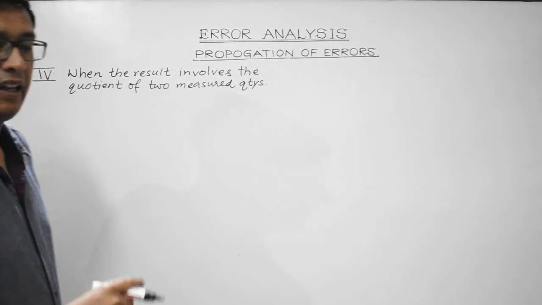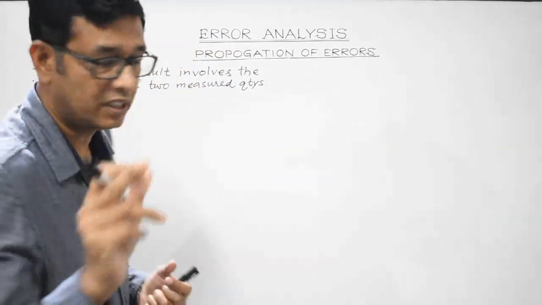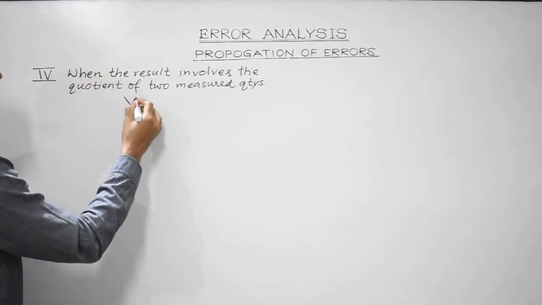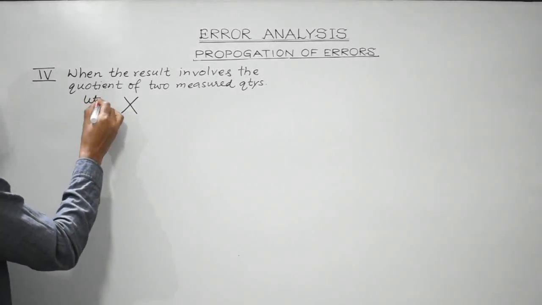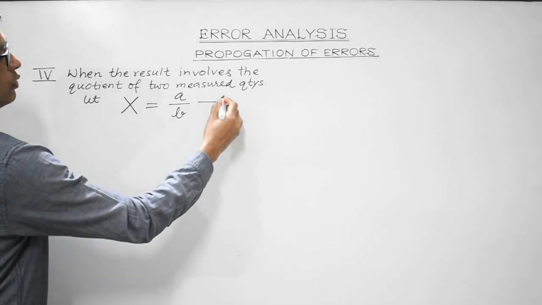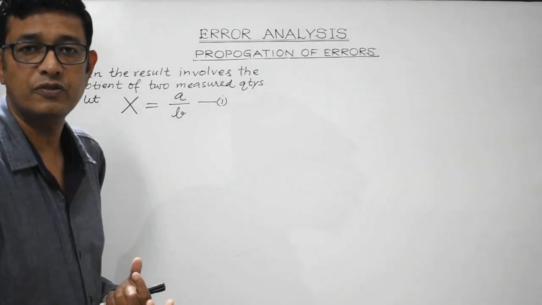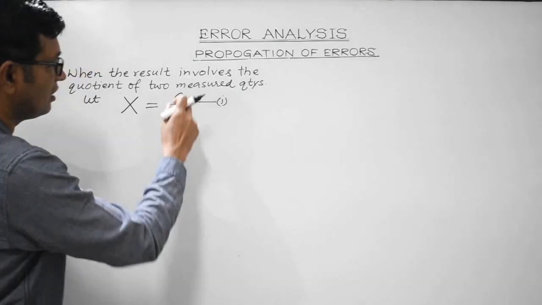Like x is the result and suppose a and b are the measured quantities. Then we are discussing this particular case. Let x is equal to a divided by b. So we are dealing with the division of two measured quantities, that is the quotient of the two measured quantities, which in this case is a and b.